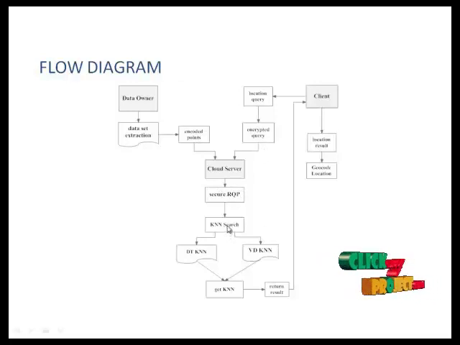So we are applying two methods, that is Delaunay triangulation and Voronoi diagram, in KNN search for getting the result of the query. Finally, the server will get the KNN result and return it to the client, and the client will get the location result of the given query and geocode the location on a map.